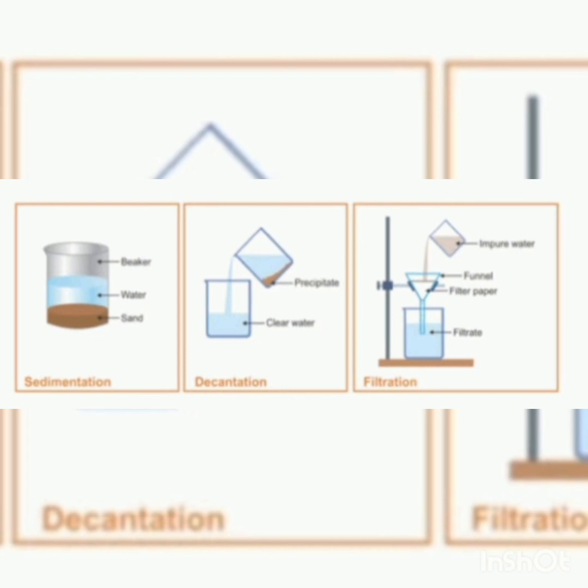We have all seen this in our kitchen. Whatever rice and dal is left is now the sediment. It will be cooked, because now it is pure and doesn't contain impurities like dust. So this is the process, sedimentation and decantation, which we can also use in our daily life.